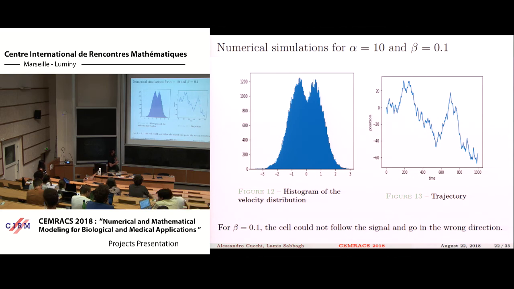This is because alpha is equal to 10, so it's like the cell is polarizing, so sometimes it does not follow the signal. So the conclusion is that for a weak signal, the cell can follow the signal, but there are significant intervals of time in which it can go in the wrong direction.